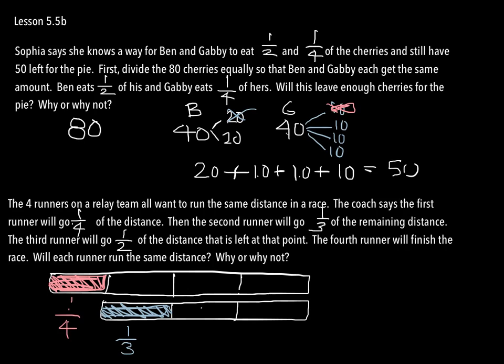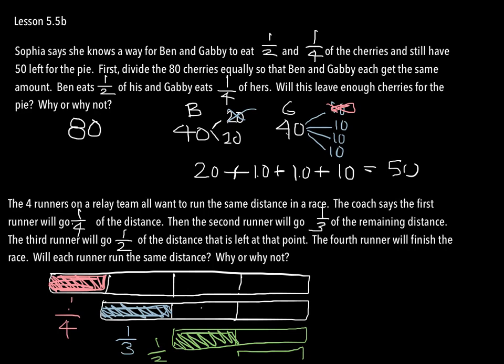The third runner will go 1/2 of the distance. So now we have to figure out they're running 1/2 of what is left. So let's draw what's left, and let's run 1/2.